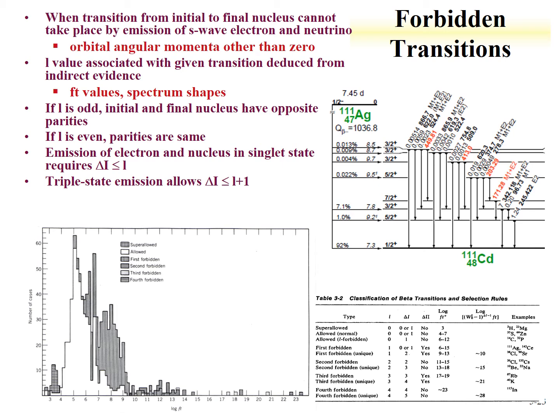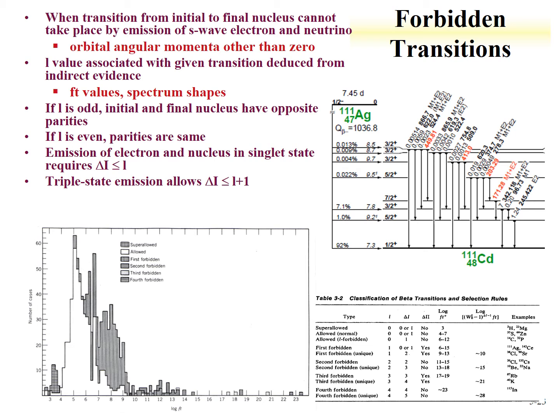What we see with some of these trends is that the degree of forbiddenness is related to whether or not we have a spin change, so this delta I, if it's 1 or 0, along with a parity change. So if you have a spin change listed here, 1 or 0 or 2, along with a parity change, those are going to be first forbidden. If our spin change is 2 or 3 with no parity change, that's going to be second forbidden. Third forbidden, 3 or 4, along with the parity change, and the fourth forbidden is listed here.